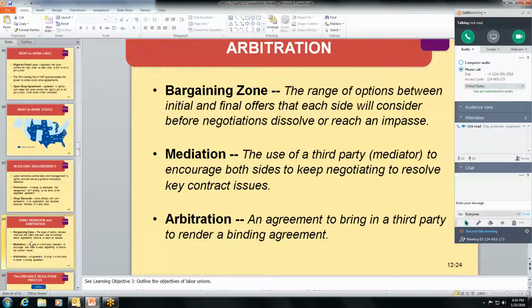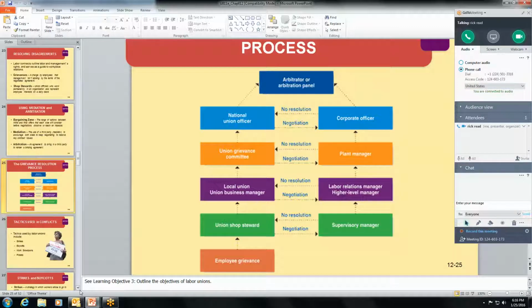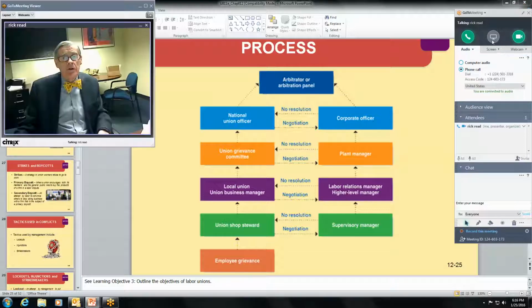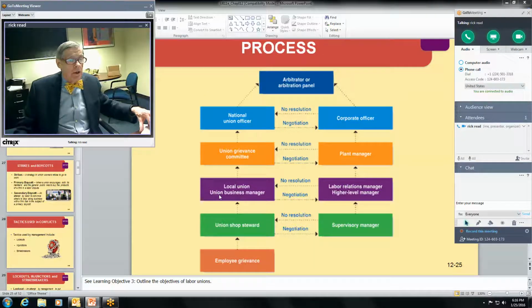Now this is how the grieving process goes, not the arbitration. You can see the shop steward goes to the union business management grievance committee, to the national, and then on the other side: supervisor, labor relations manager, probably human resource manager, maybe plant manager, corporate officer, etc.